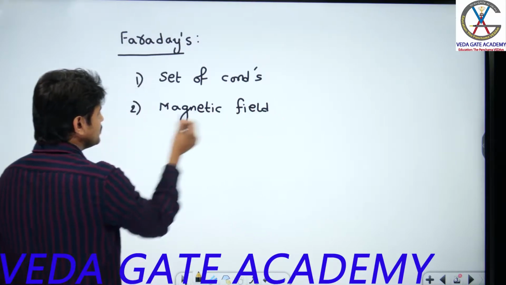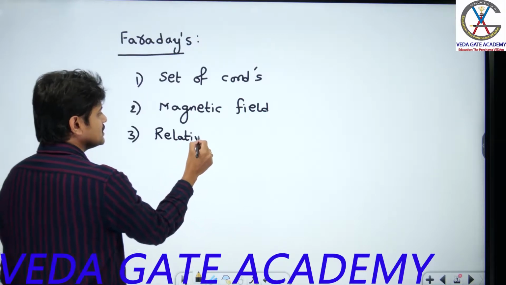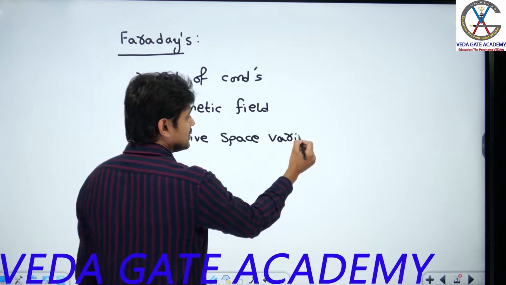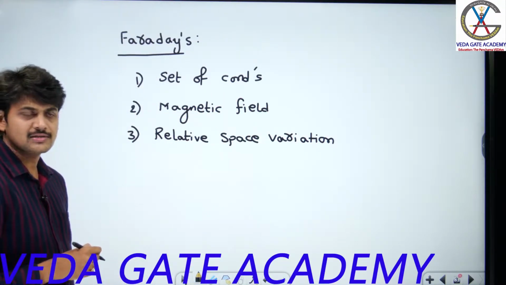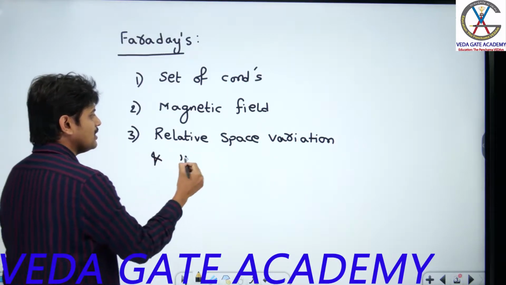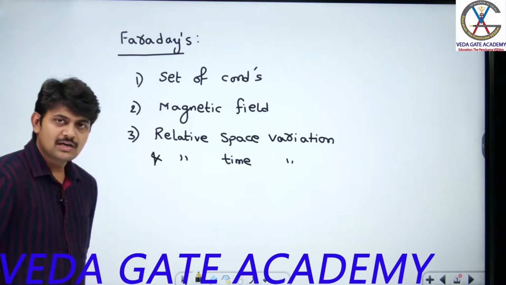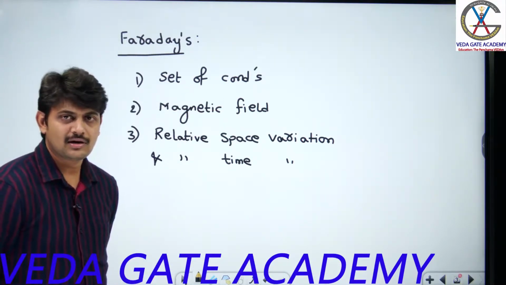And third one is, you need to create either relative space variation or relative time variation between these two, in the sense between the set of conductors and the magnetic field. Then you can get some EMF across the conductors.